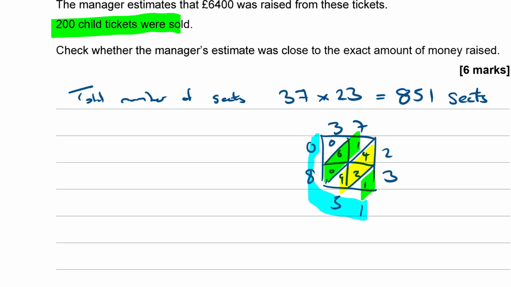Okay, so from that we can work out the number of adult tickets and child tickets that were sold altogether. So we know that there are 200 child tickets sold, so adult tickets is going to be the total number of seats less the number of child tickets sold, which was 200. So that is 651. Okay, so we've got adult tickets 651 and child tickets 200.